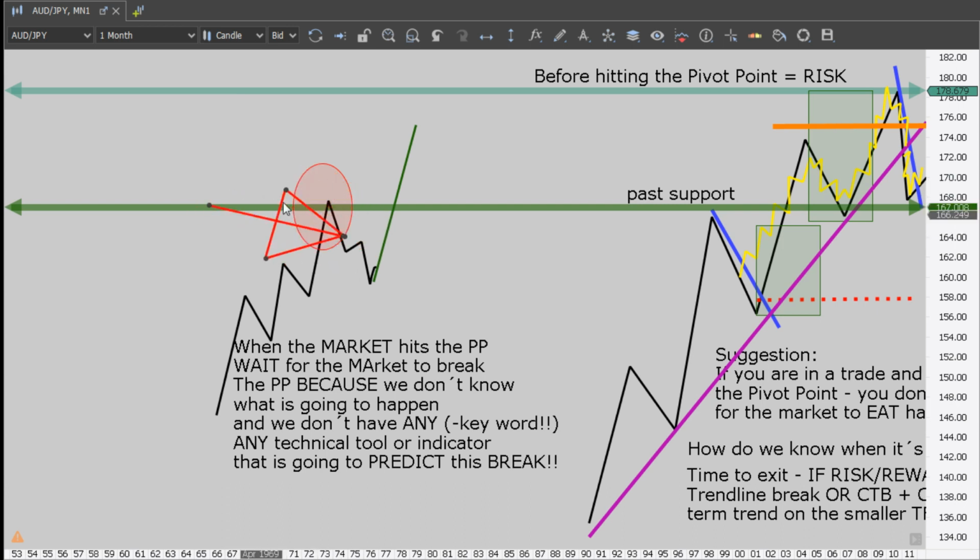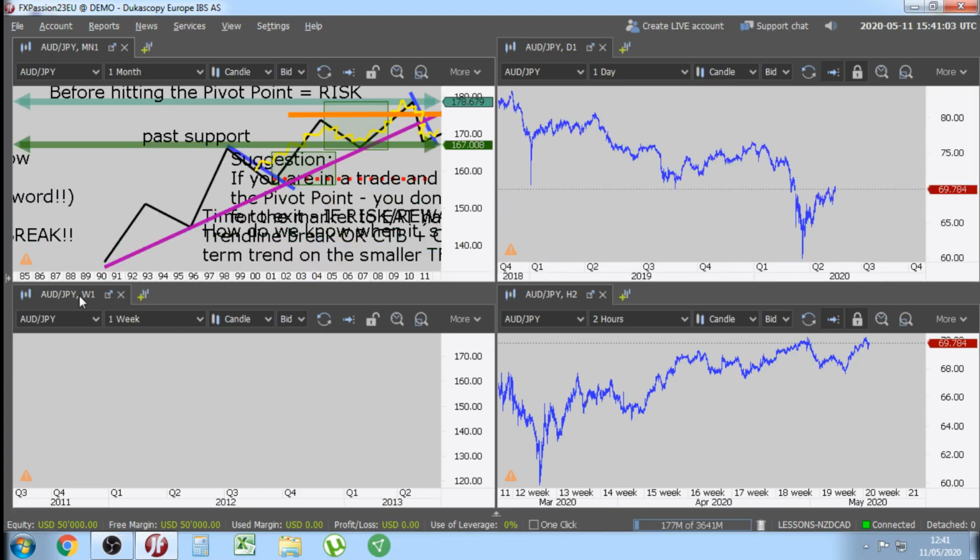And we're trying to teach you that when the market hits the pivot point, wait for the market to break the pivot point, because we don't know what is going to happen. And we don't have any indicator or technical tool that is going to predict the break. Okay, so it's a probability game.